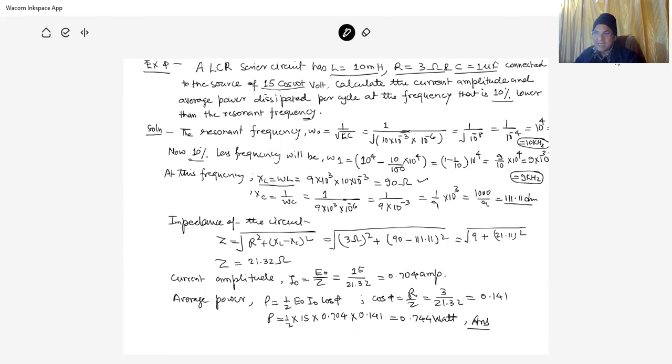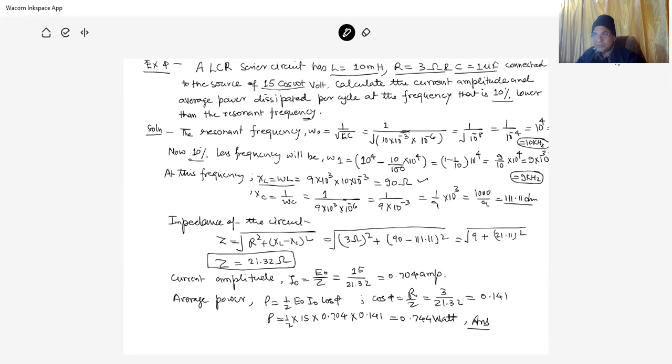So the impedance of the circuit Z is the square root of R square plus XL minus XC whole square. So R square is 3 squared, plus 90 minus 111.11, that is 21.11 whole square, and it is 9. So it is 21.32 ohm, the impedance of the circuit at 10% less than the resonance.